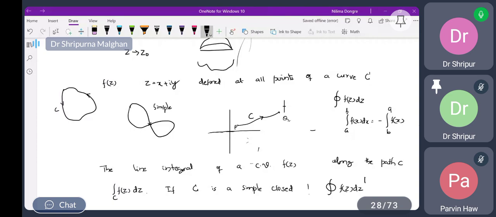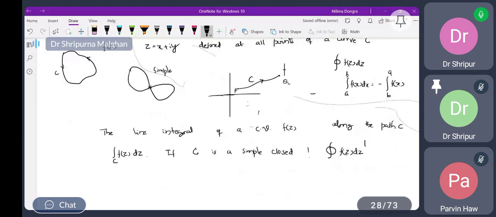Properties of complex integral. Right, write on all of you.